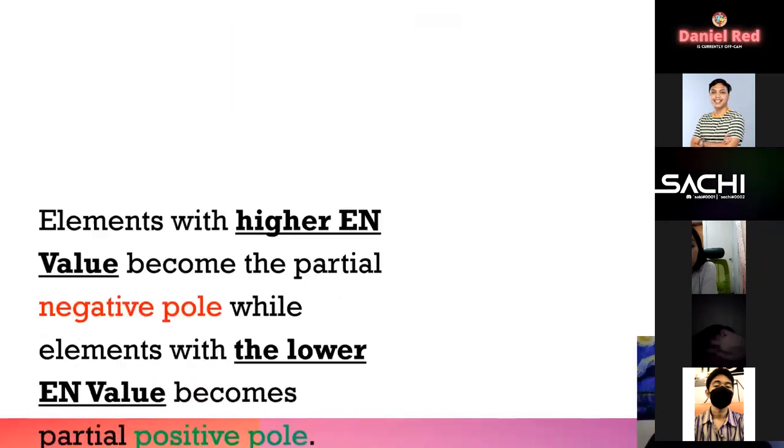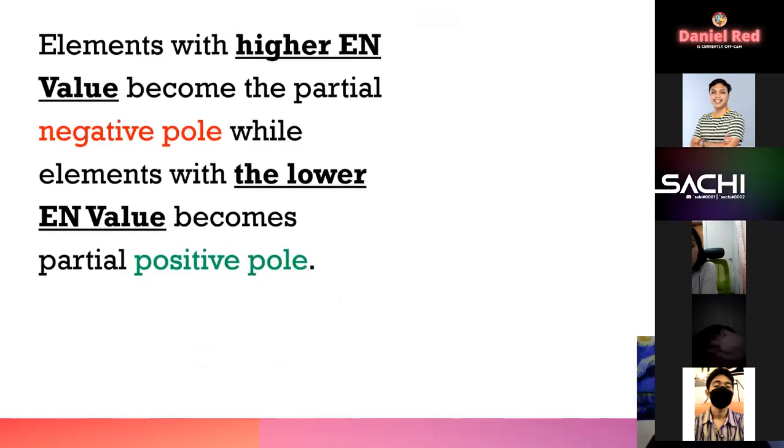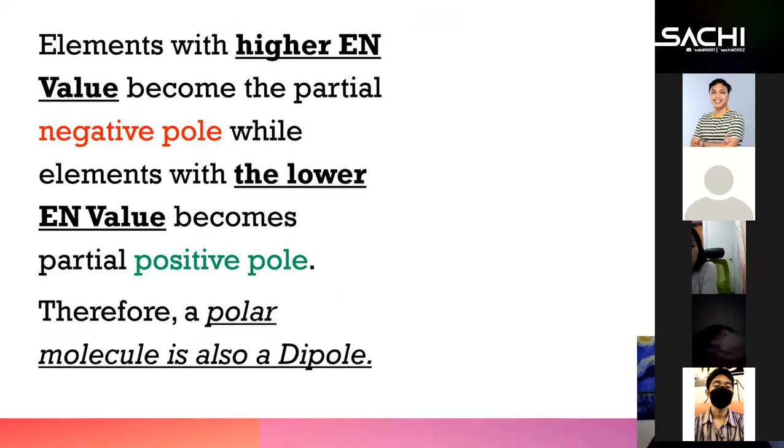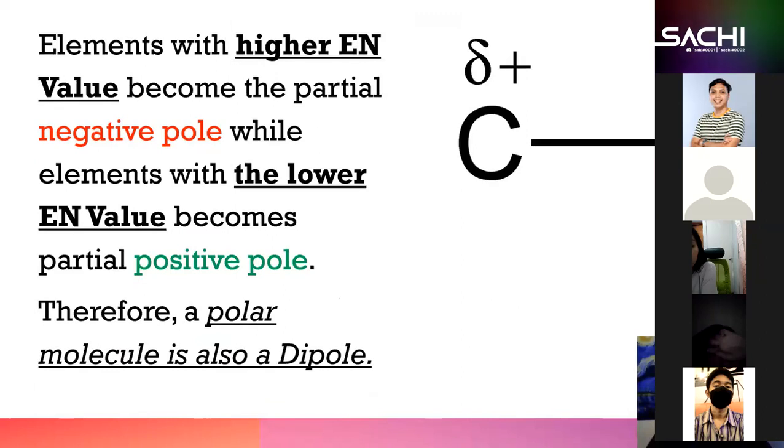So how do we identify the charge of the poles in a dipole bonding? Remember that the element with the higher EN value becomes the partial negative pole, while the element with the lower EN value becomes the partial positive pole. Remember also that a polar molecule is also a dipole. So once again, we have the example carbon tetrafluoride, which is composed of carbon and fluorine.